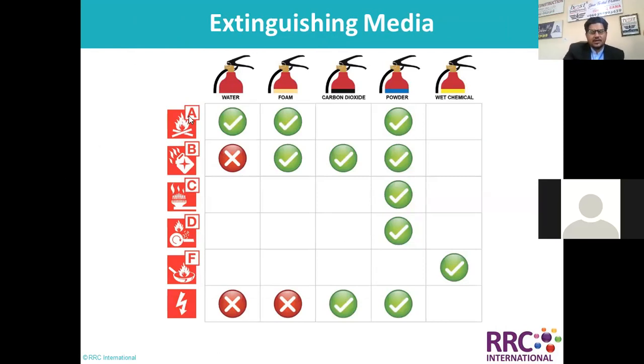For class A, water, foam and powder can be used. For B, we can only use foam, but not water, carbon dioxide and powder. For C and D, we can only use powder. For F, only wet chemical. And for electrical, only carbon dioxide or powder, but water and foam are not recommended.